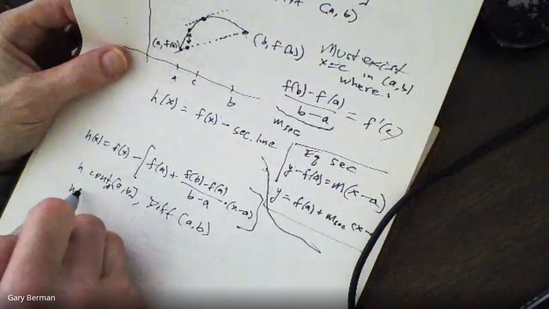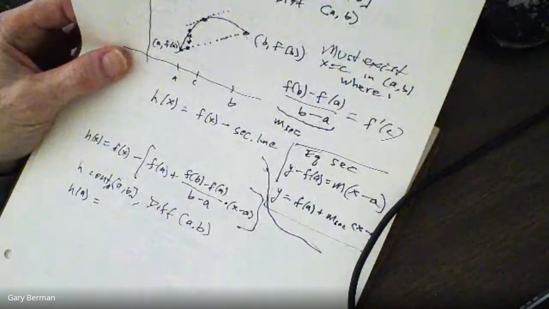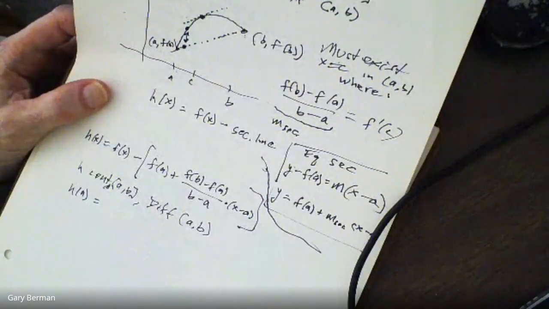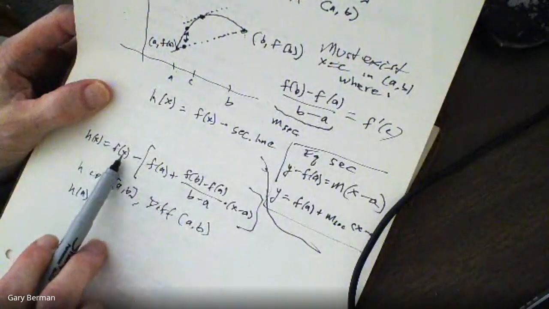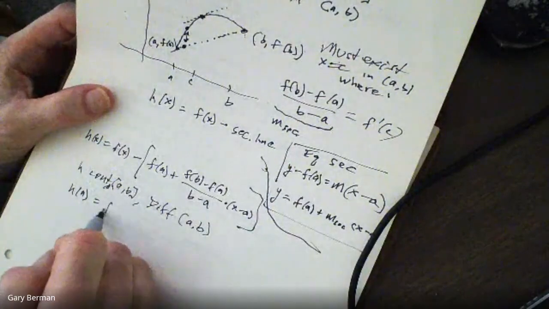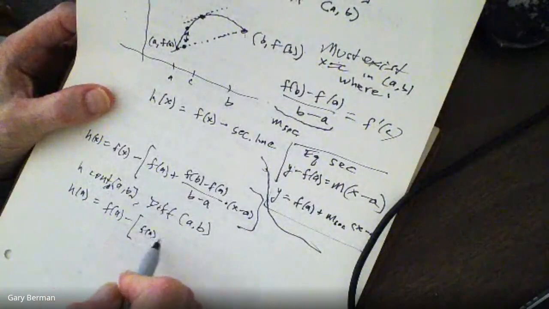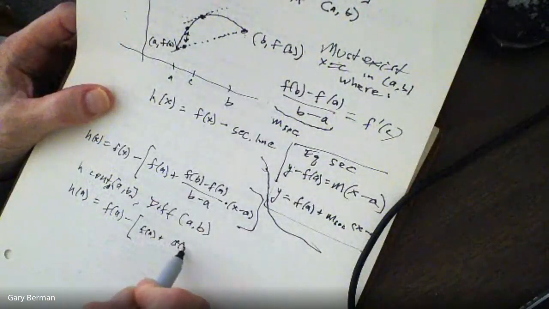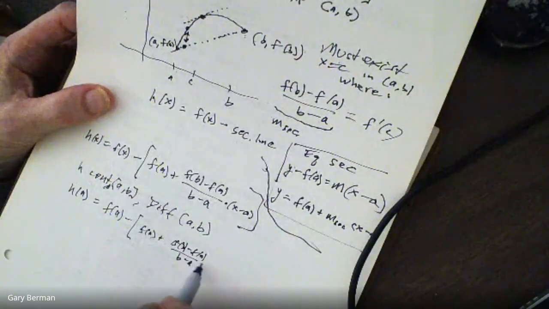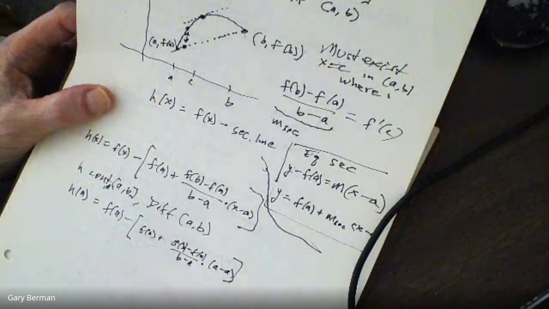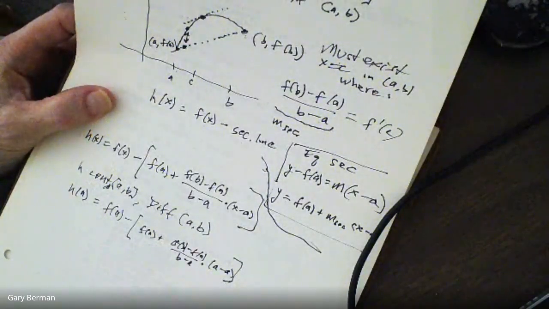And let's calculate what h of a equals at the point x equals a. What is h of a? Well, if we plug it in here, we're going to get f of a minus parenthesis f of a plus (f of b minus f of a) over (b minus a) times (a minus a). I'm just plugging x equals a into the function h.